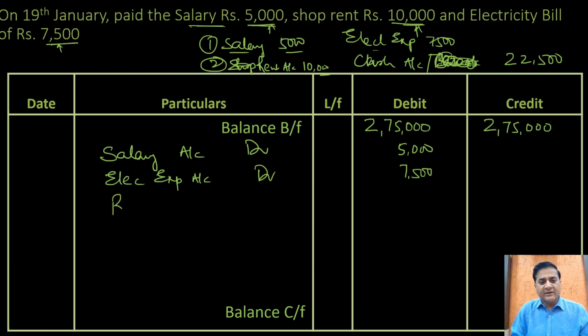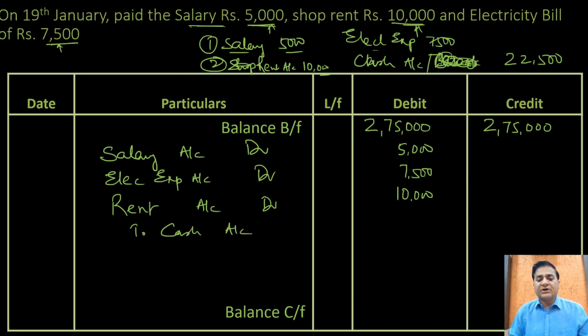Shop rent account debit with 10,000. And the cash account is to be credited because cash, being an asset, moved out of the business, or the balance of an asset going down, and we know that when the balance of an asset goes down it has to be credited. So the credit would be by 22,500 rupees.